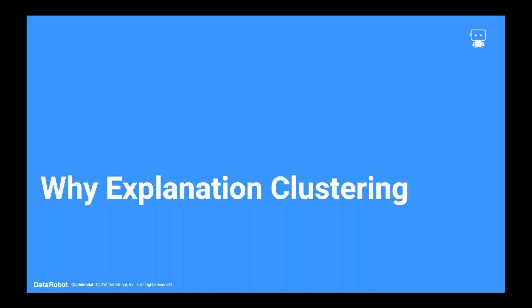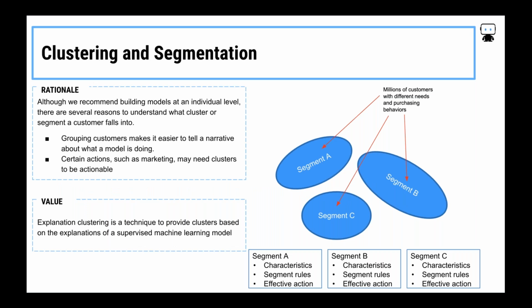All right. So let me jump into the meat of it, what I want to talk about today around explanation clustering. Now, we often give predictions at that individual level, and we often tell customers that most of the time, that's great. You want those individualized predictions for a specific customer. But often in a business situation, there are reasons that we want to use clustering.